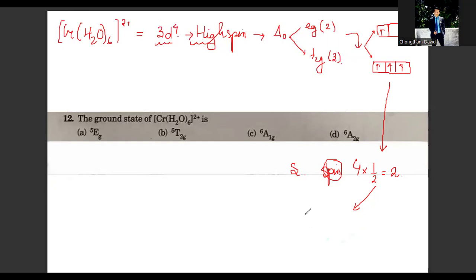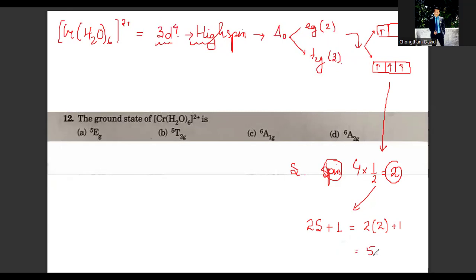So what is the formula for finding the spin multiplicity? It is 2S plus 1. So the value of S is already calculated, which is 2. So the value of the spin multiplicity would be 5.